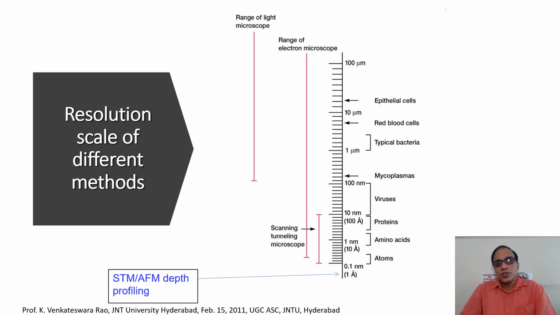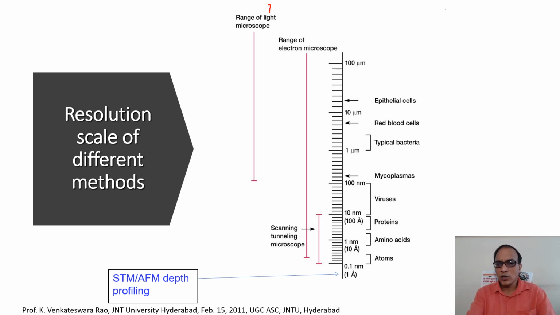As far as the resolution scale of different methods is concerned, this is the scale. For the light microscope, from 100 nanometer to 100 micron and more can be examined.